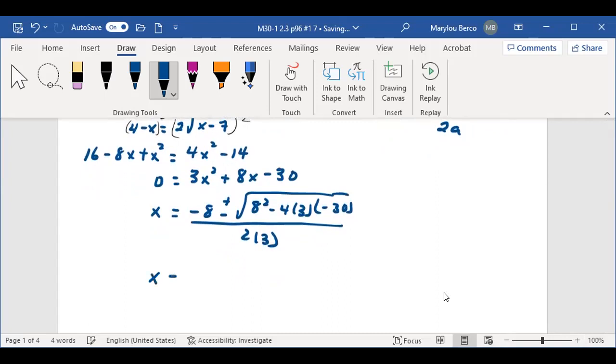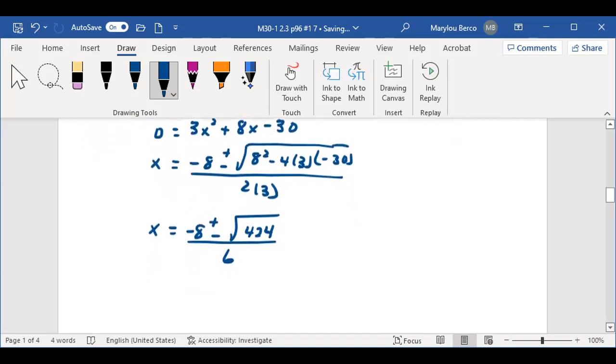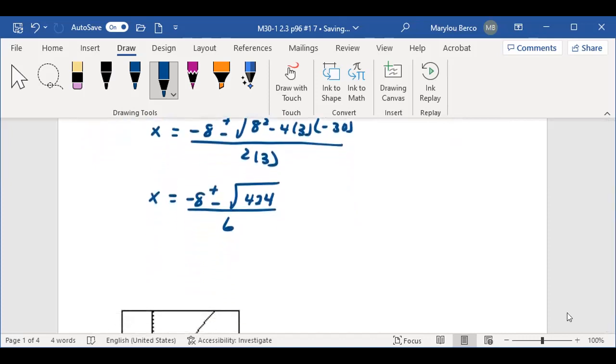So x equals negative 8 plus or minus the square root of 424 over 6. And that is equal to, we can simplify the radical, negative 8 plus or minus 2 root 106 divided by 6.